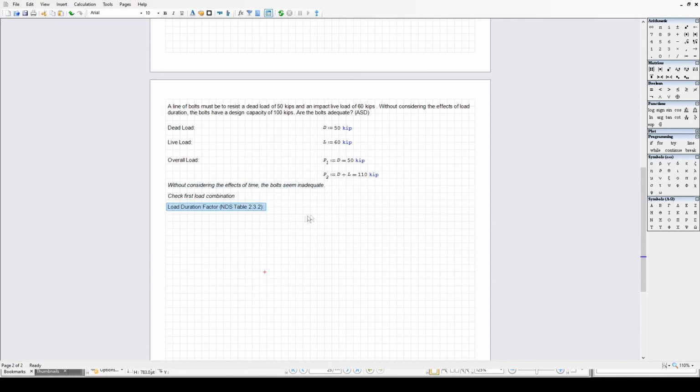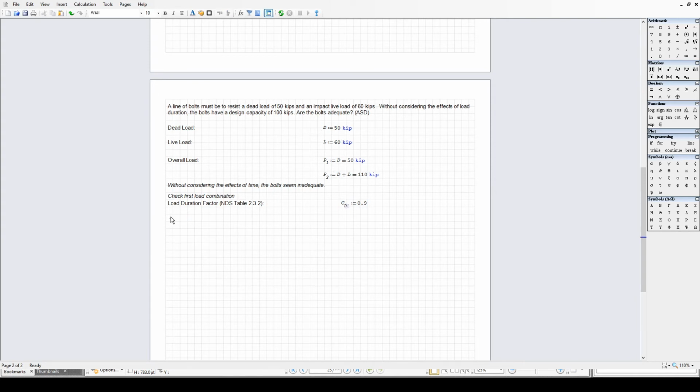For this first load combination, our load duration factor, C sub D, with a subscript 1 for the first case, is going to be equal to 0.9, because that is the only load we have in that particular load combination.